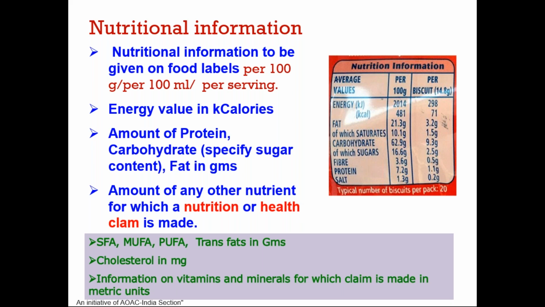For example, if I say high in calcium, the value of calcium should be there on the nutritional information panel or the nutrition facts panel. So we will see when you have to put the saturated fat, the unsaturated fat, cholesterol, and information on vitamins and minerals. Whenever information on vitamins and minerals is provided, it must be in metric units.